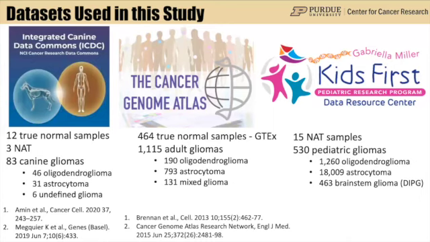So we supplemented this with a data set from the Kids First database, which contains 530 pediatric gliomas. Again, far more of these are astrocytomas, 18,000, and then there's 1,260 oligodendrogliomas. I believe that this is a typo. This should be, I believe, 1,800 astrocytomas.